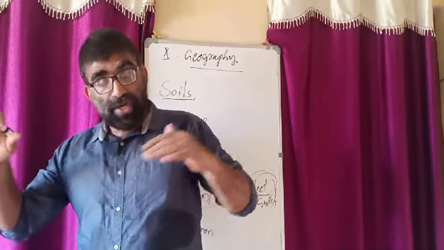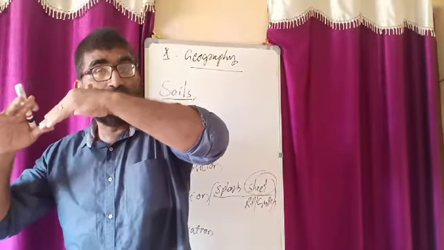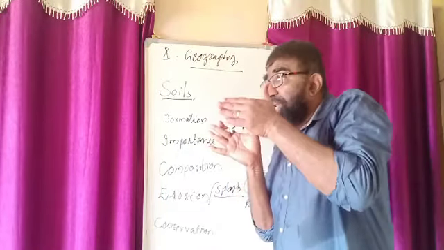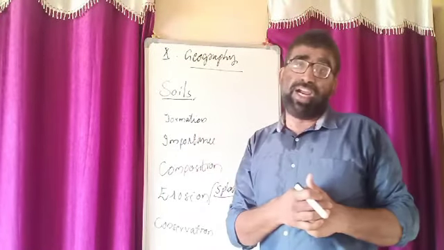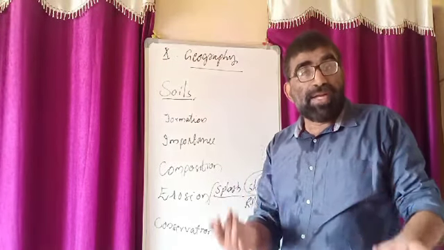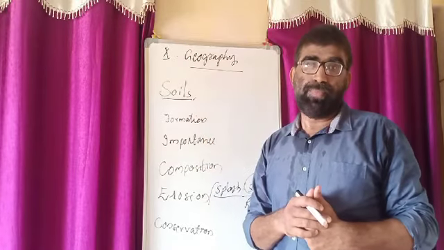So what happens? When heavy rainfall occurs, landslides occur, and that causes soil erosion. Then another area in the northeastern part, Assam and West Bengal, there is heavy rainfall, flood, and stream bank cutting cause erosion.